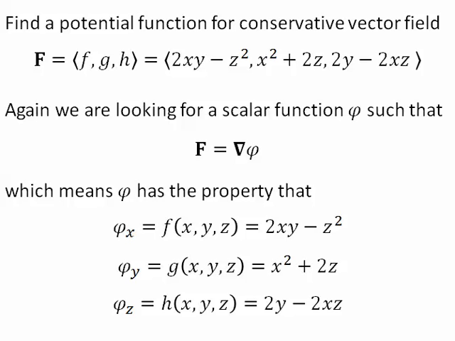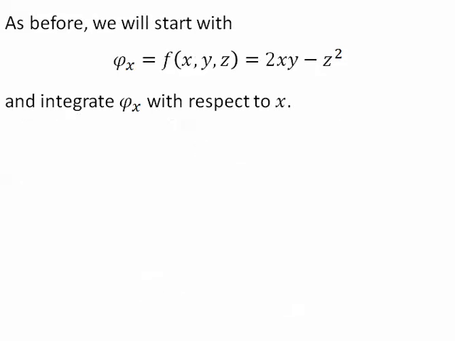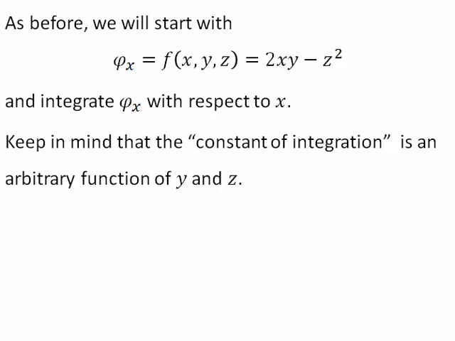So whatever phi we find, it has to satisfy these three equations. Well, let's start with phi partial x having to be f. What we'll do is take that and integrate with respect to x. And when we do that, keep in mind that the constant of integration is an arbitrary function of both y and z.